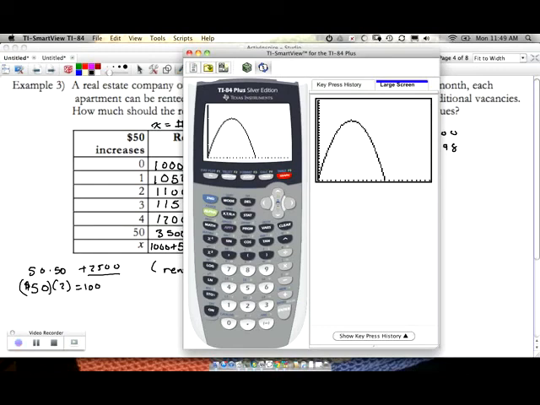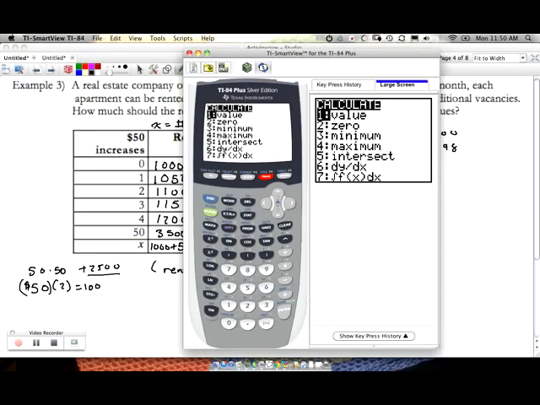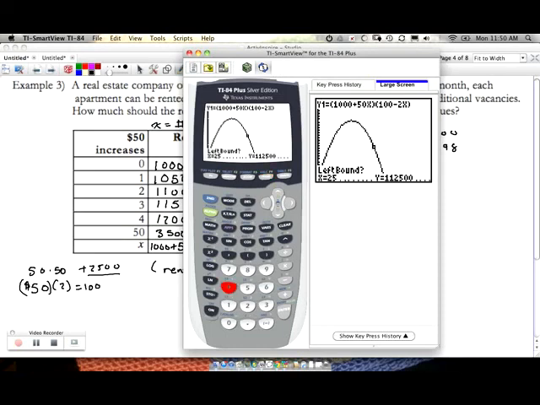So let's calculate that maximum. I'm going to do a left bound at about, I don't know, where am I at? It looks like the left bound should be probably around 15. Oh, maybe even less.